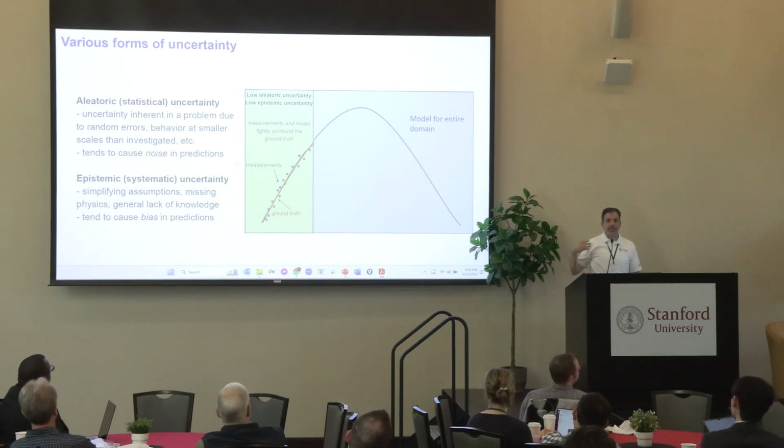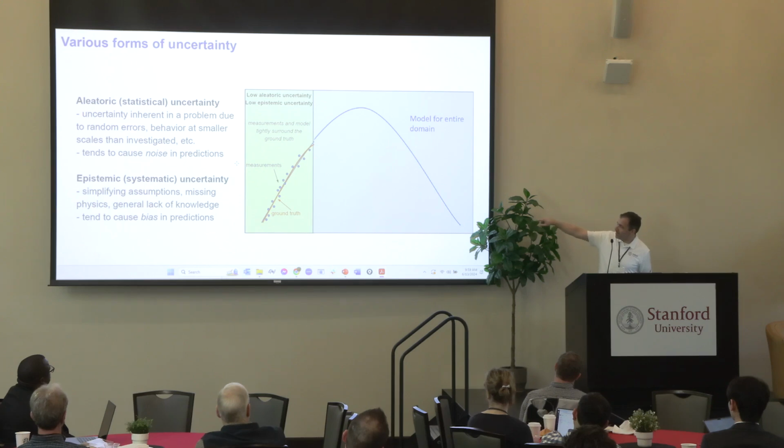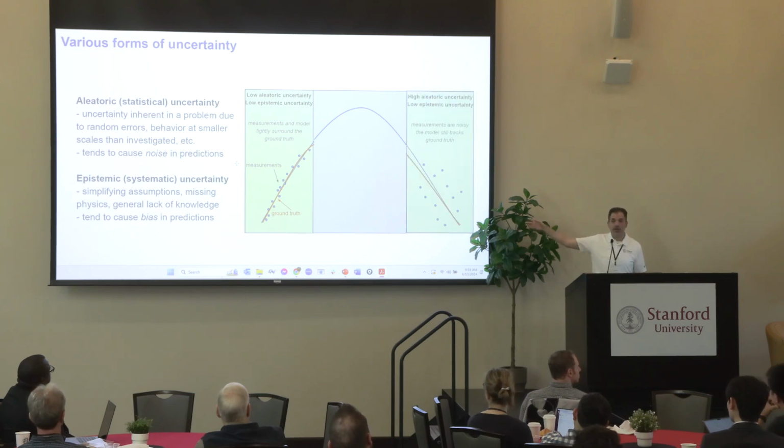If you've got data that you've measured that's sort of tightly correlated with your model, it's just a little bit of noise, that's sort of low aleatoric uncertainty. But there are areas where you can collect your data and it looks much more scattered, so there's a lot of aleatoric uncertainty.